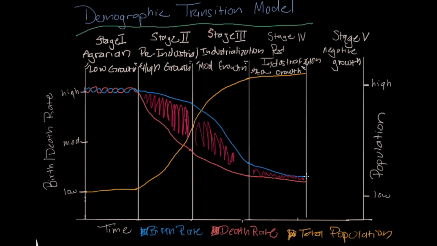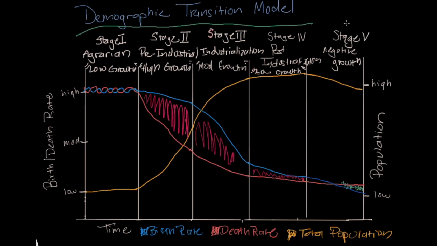And in this phase, what happens is the birth rate falls, but the death rate remains relatively similar to as it was in stage 4. And in this phase, the death rate actually exceeds the birth rate. And at this point, the total population begins to fall.